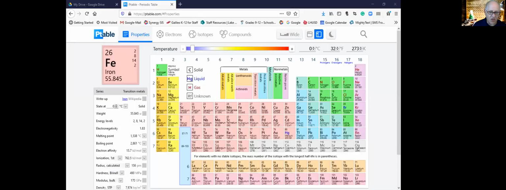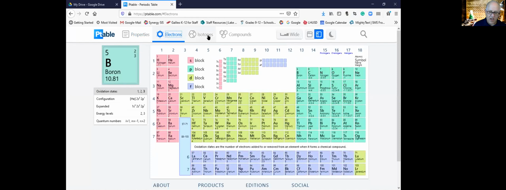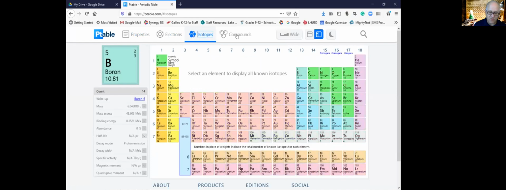Here we go. So when we go to p-table, we see that this is laid out with all of the elements. Across the top, we can pick on properties or electrons or isotopes or the compounds that it can be made into.